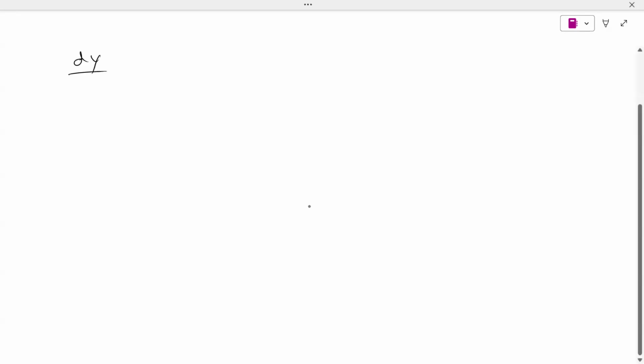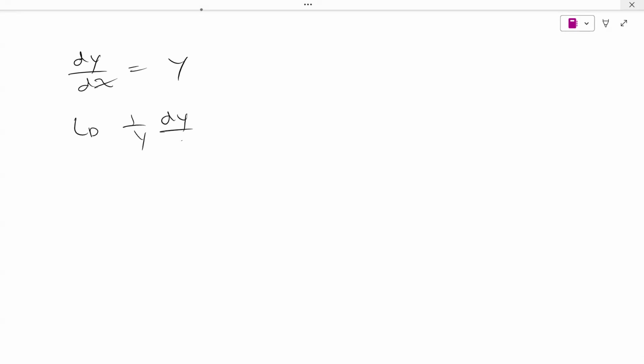So dy dx equals y. You notice we can just rearrange this to 1 over y dy dx equals 1, so that all the y terms are on the left.